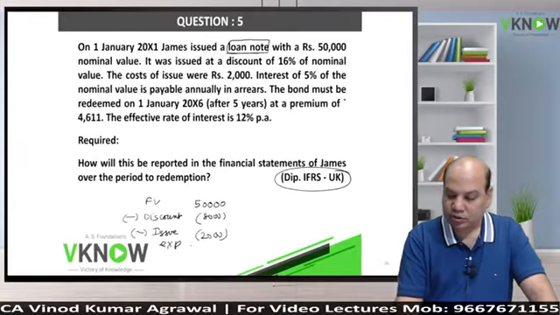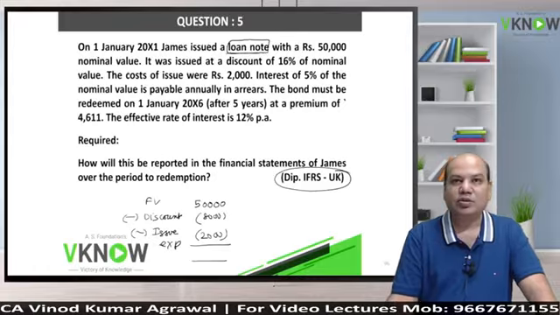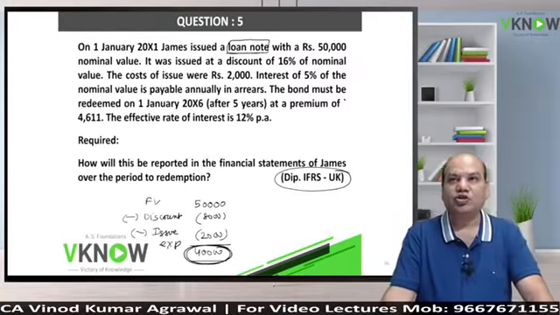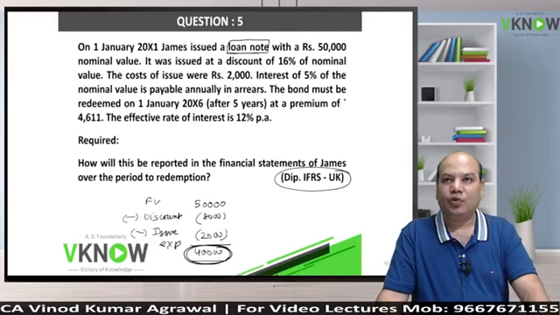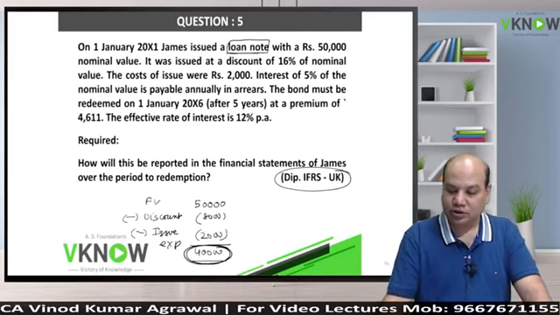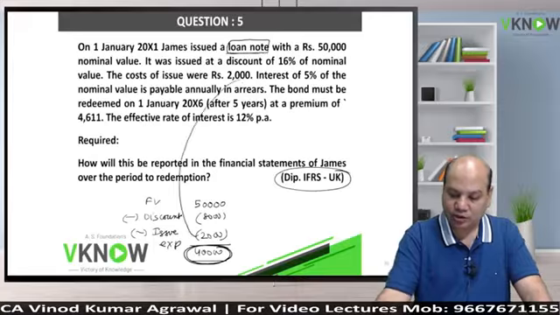So what is your proceed minus all these expenses incurred? Net proceed 40,000. So this liability will be initially recognized at 40,000. This 2,000 and this discount have already got adjusted.